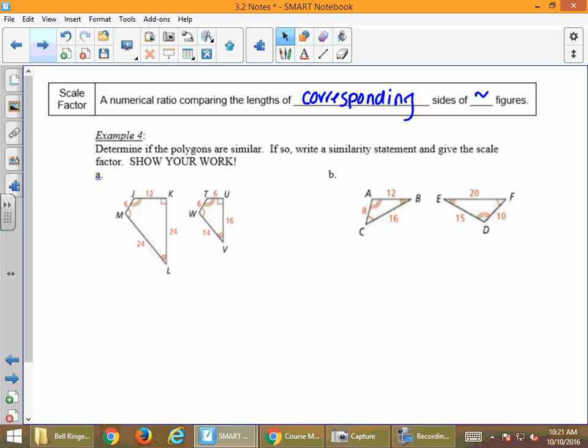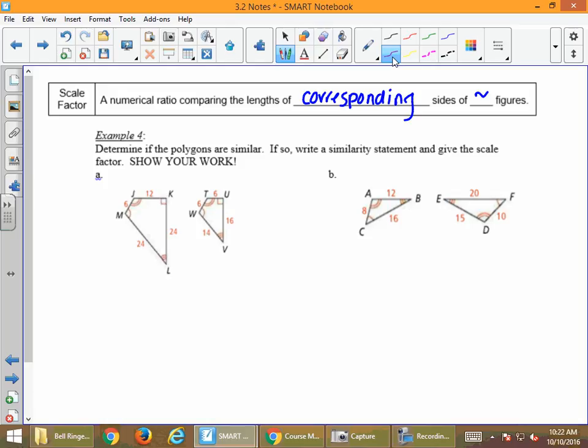Always check your angles first. Then we have to check the sides. We have to make sure that the corresponding sides are proportional, meaning the corresponding sides simplify down to the same fraction. Okay? So, again, I like to go from left to right, so I'm going to start with the left figure. Give me a side. Doesn't matter.